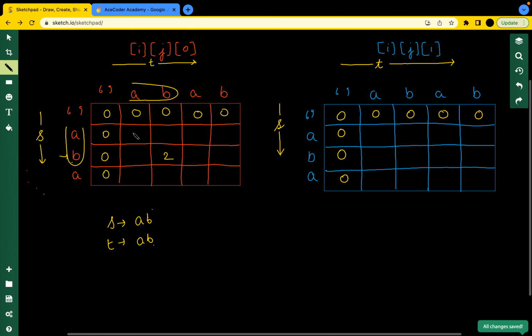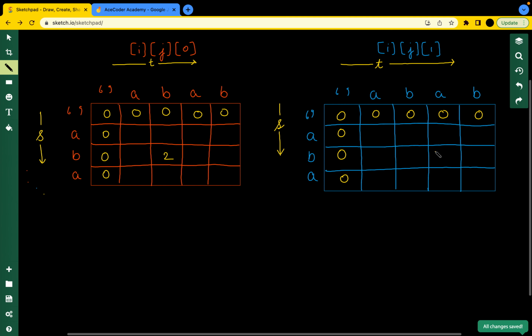And now if we check for this particular index, here the answer will be 1, right? So this is what the string means. And now let's similarly check for this matrix also, let me clear it out. Yes.